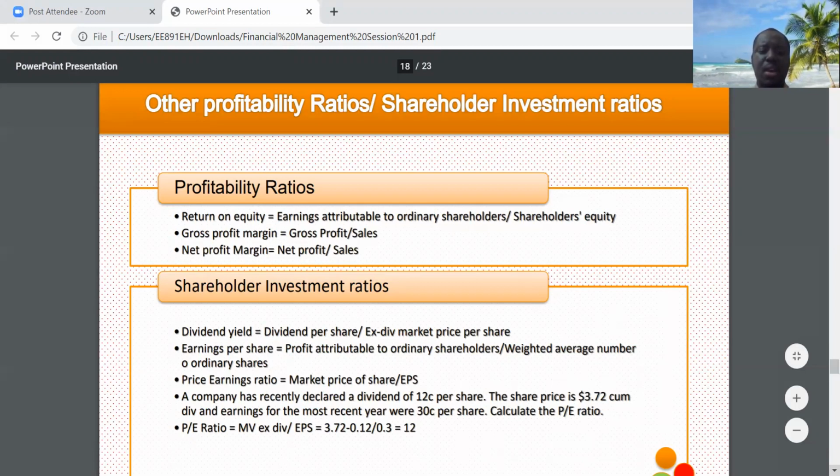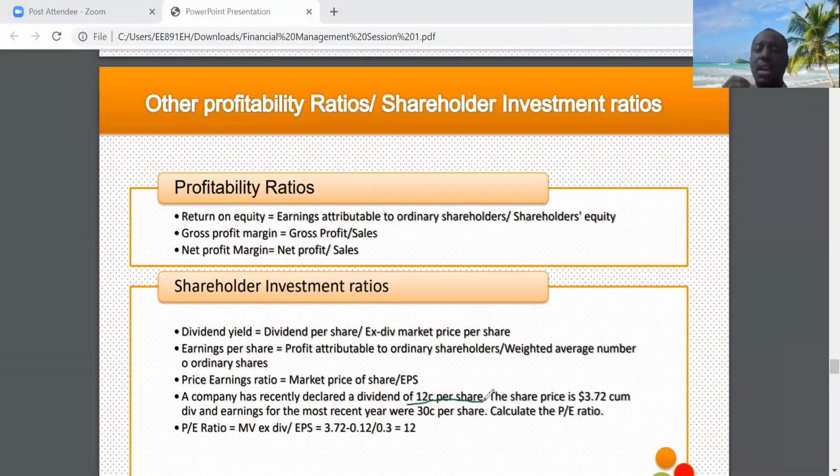Then the question says a company has declared a dividend of 12 cents per share. You can see it right here, 12 cents per share. So you need to take out that 12 cents per share. You get 3.6. Then you divide that by your earnings per share, which is 30 cents. So you should get 12. So your PE ratio is 12.